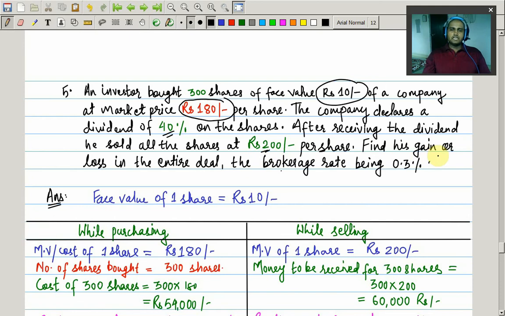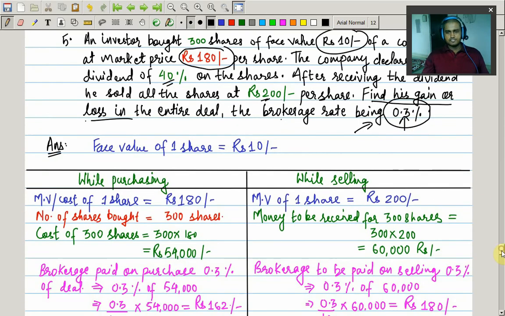Find his gain or loss in the entire deal. The brokerage rate is 0.3%. It's not mentioned whether this brokerage is taken while selling or while purchasing. So by default, I will take this brokerage on both transactions, while selling and while purchasing.